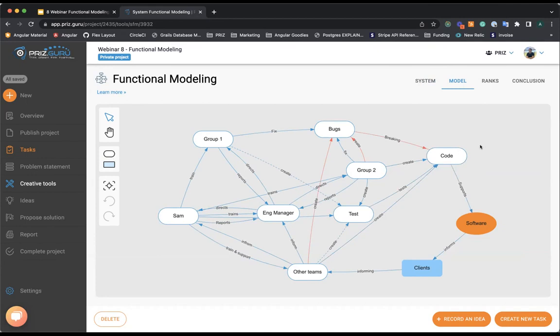And yes, it does require some level of getting used to that thinking of a functional interaction. Because usually people think of the function, quote unquote, like we talked about, clients using the software.